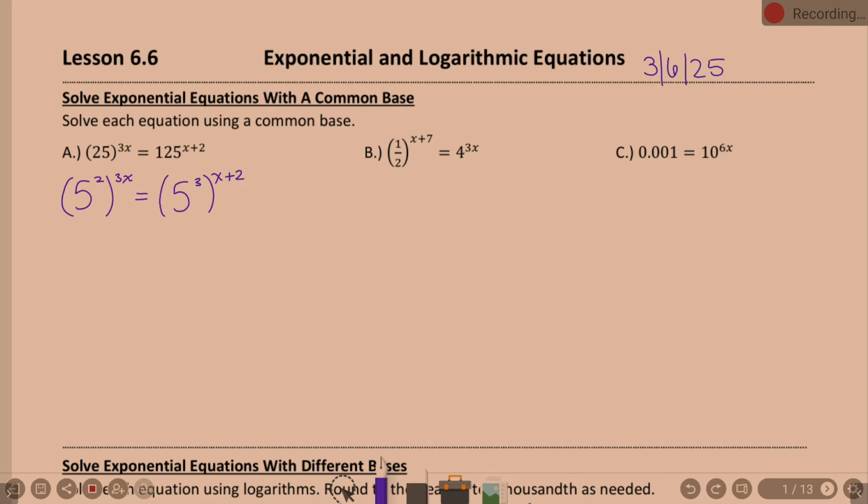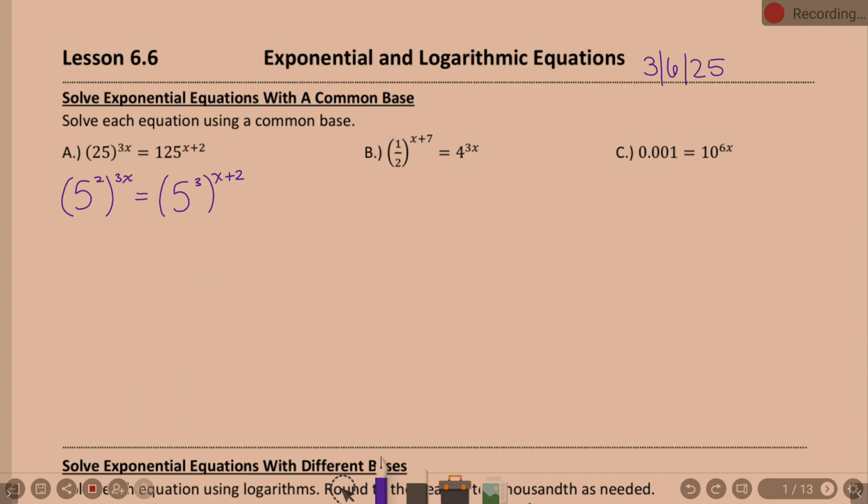First of all, what's the rule when we're raising a power to a power? We have 5 to the second, raised to the power of 3x. What do we do with that 2 and that 3x? We multiply. If the bases are the same and you're multiplying, you keep the base of 5 and you add.